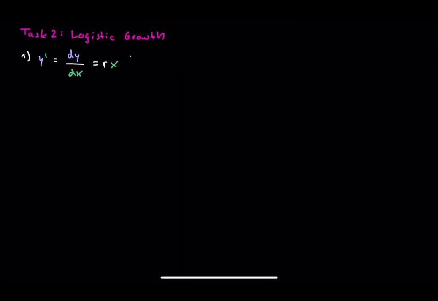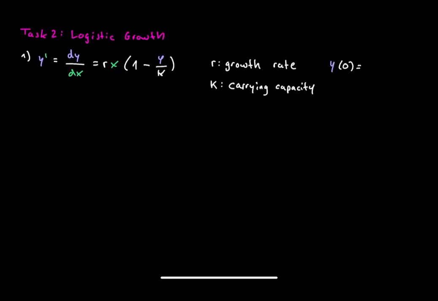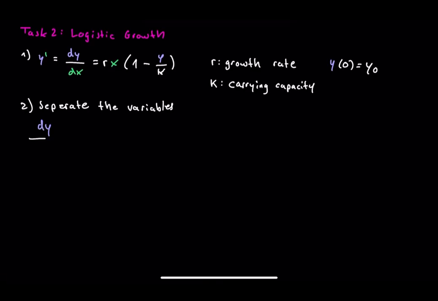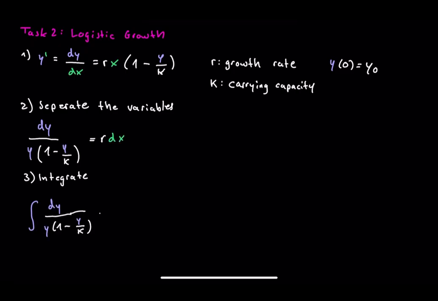Now let's look at a more realistic population model, the logistic equation. Y prime equals r y times 1 minus y over k, where r is the growth rate and k is the carrying capacity. Separate variables, dy over y times 1 minus y over k equals r dx. Simplify the denominator.